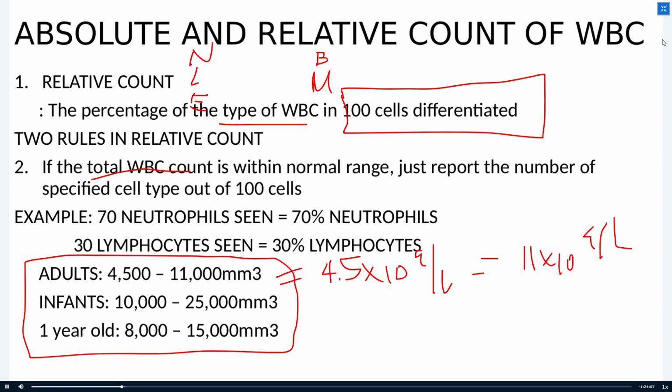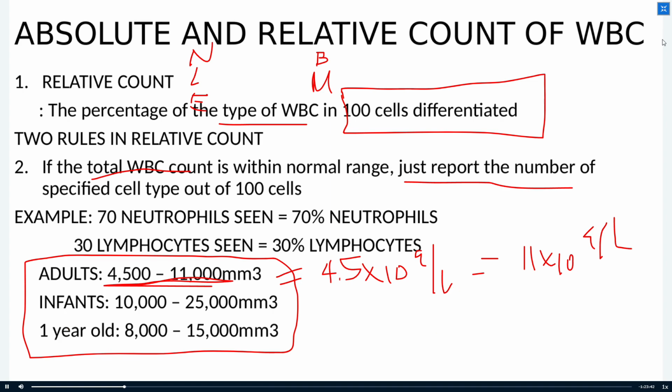So yan yung normal. Now, if the total WBC count is within normal range, you're just going to report the number of specified cell type out of 100 cells. So, ire-report nyo lang class kung ilan yung nakita nyong cell type.